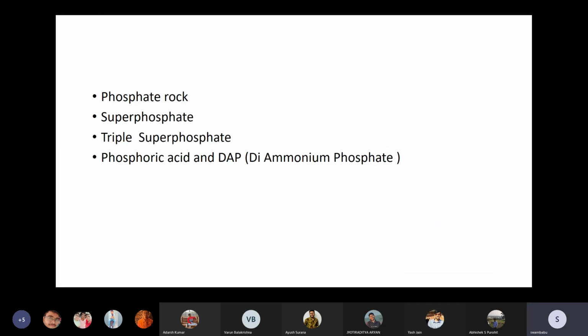So today we will talk about another fertilizer. In India we produce two fertilizers. Before I move on, any questions on the nitric acid production process?